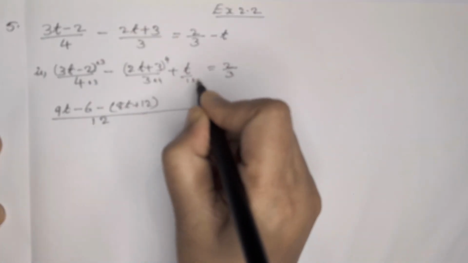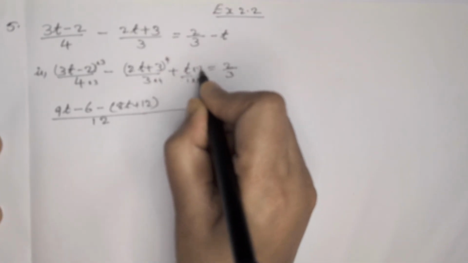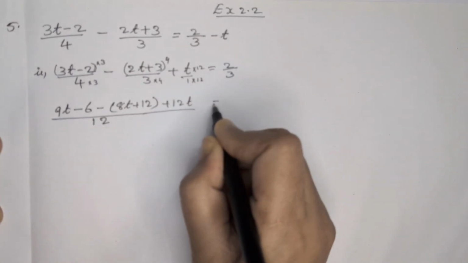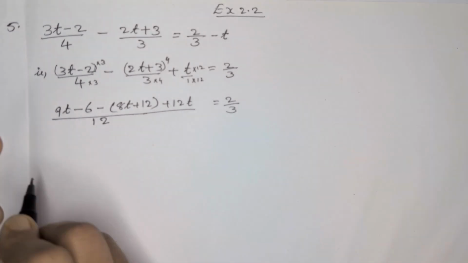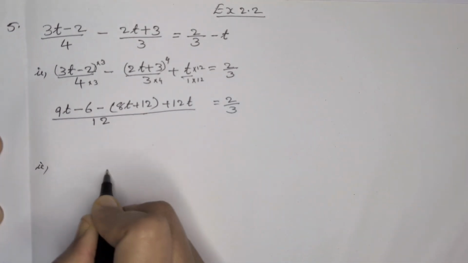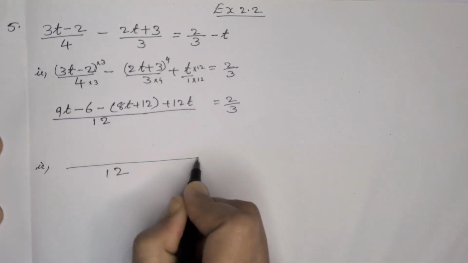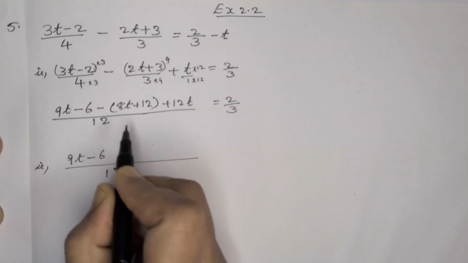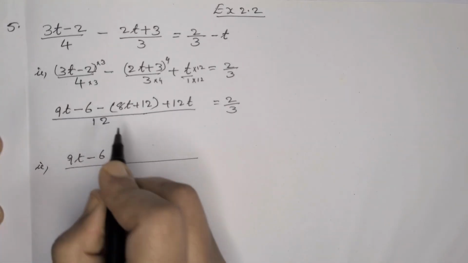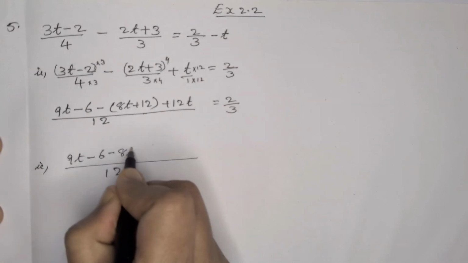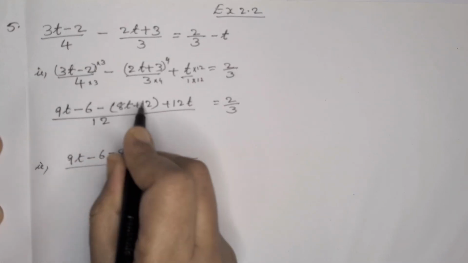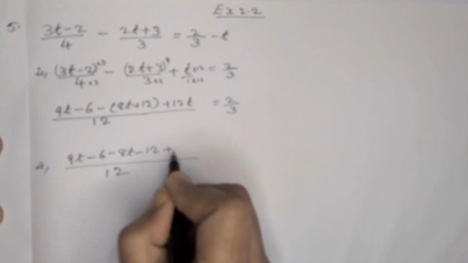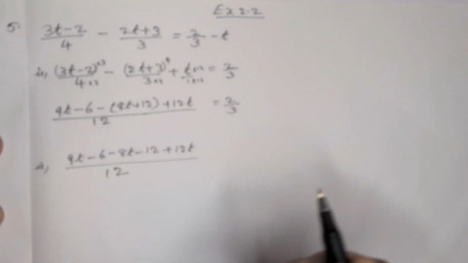Here the denominator is 1. That also we are multiplying with the 12. So we will get that as 12t is equal to 2 by 3, that is again 12, then the denominator. 9t minus 6, open this bracket with a minus sign, minus 8t minus of 12, that means minus 12, then plus 12t.